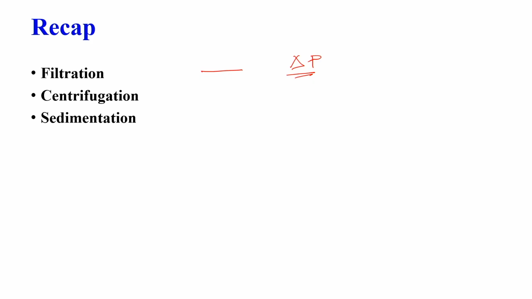There are two resistances, the filter medium resistance and the cake resistance. Then further we discussed sedimentation and centrifugation. Here we have the gravitational force and the centrifugal force, omega square r, and for both we discussed how to calculate the terminal settling velocity.